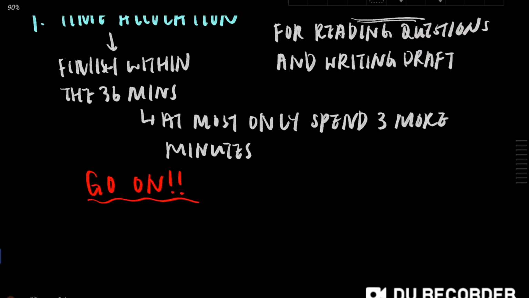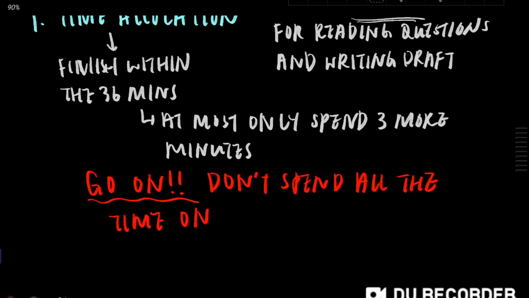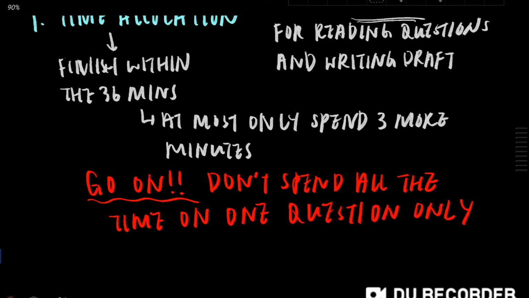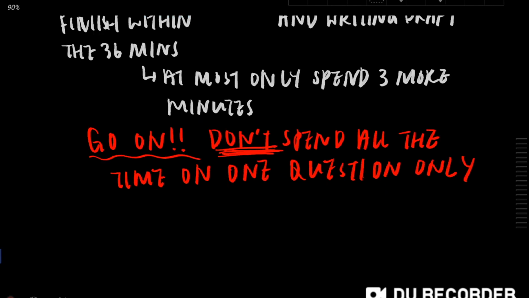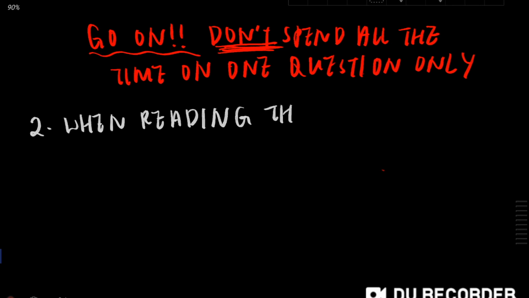Don't spend more than it. After going beyond this period of time, if you still haven't finished, you must go on to the next question, because you wouldn't want to risk not having enough time to write anything of content in your next essay question, because both questions are equally important in contributing to your final grade.